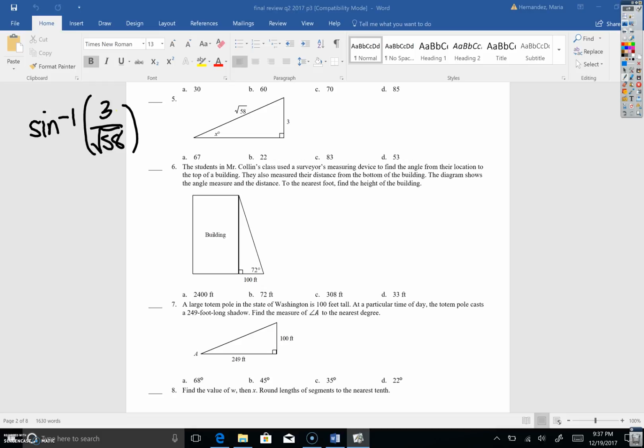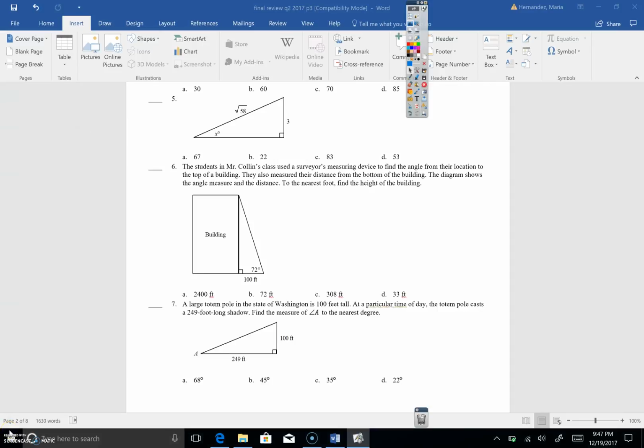So using my calculator, I can put sine -1 of 3 over the square root of 58. It's taking me a little bit, but to do it, I get 20.